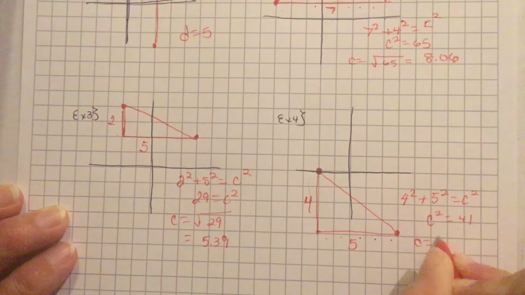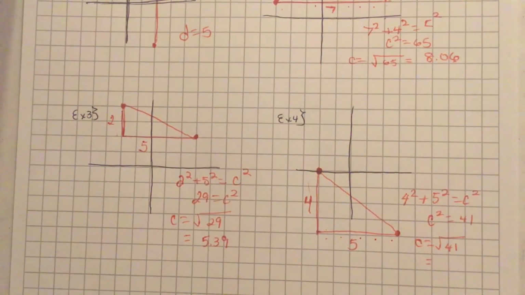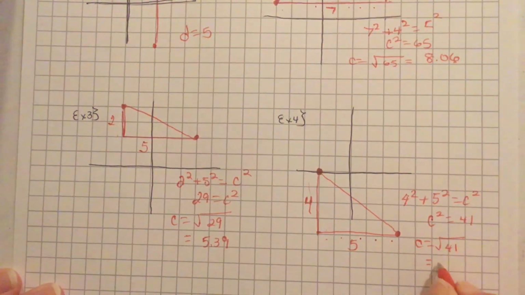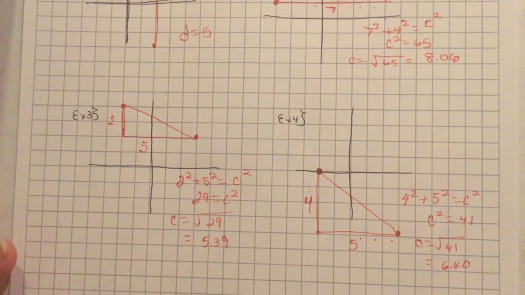And then the square root of 41 is 6.40. It's 6.403, but the 3 indicates leaving the 0 alone. All right, that's all there is to it.